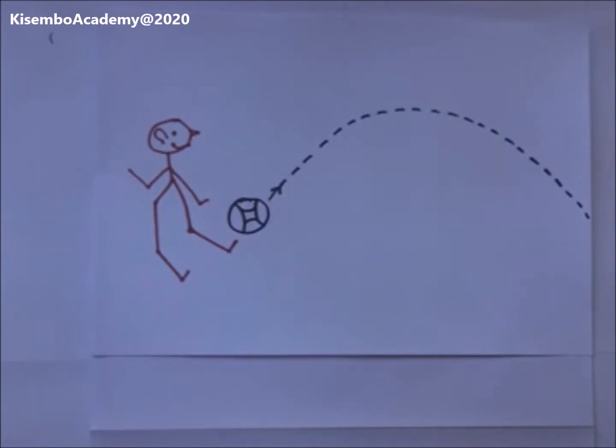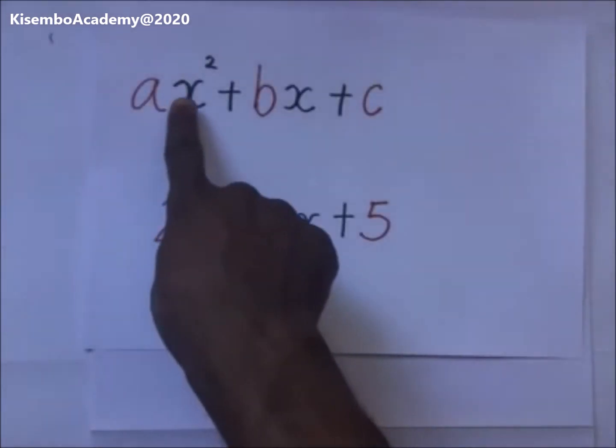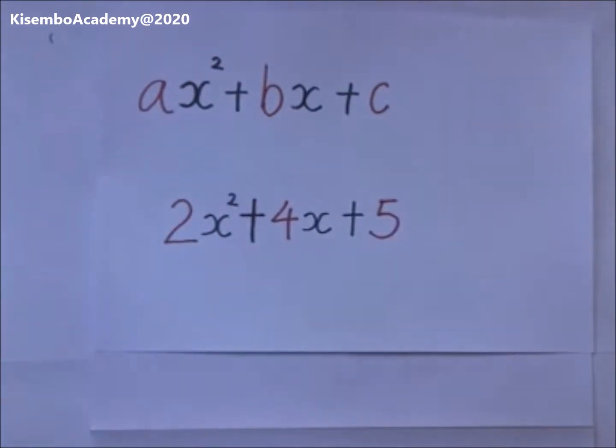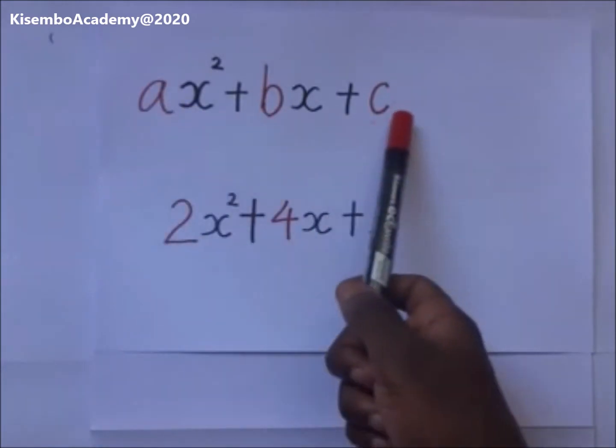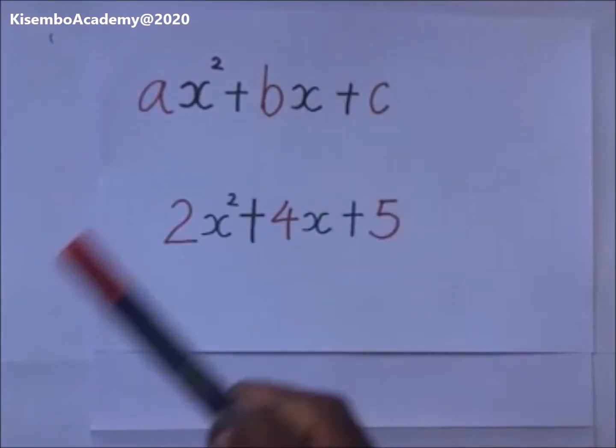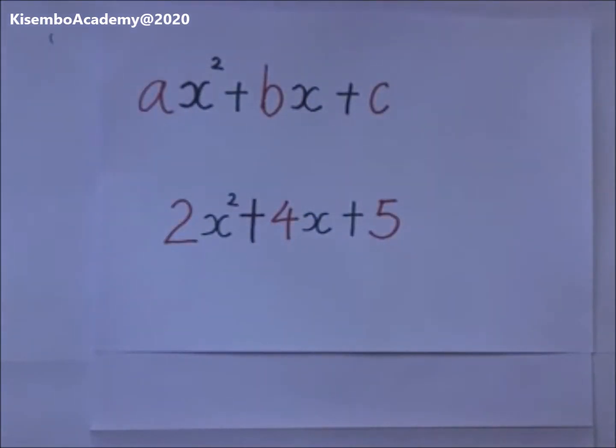These trajectories you have just seen can be modeled by a mathematical function of the form ax squared plus bx plus c. This function is what we call a quadratic function.